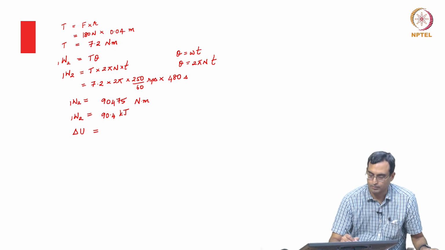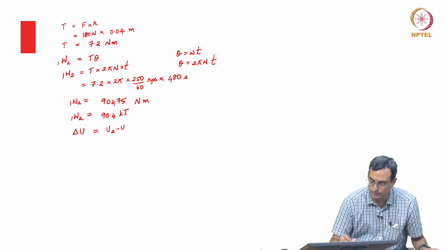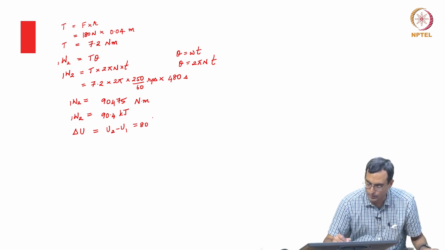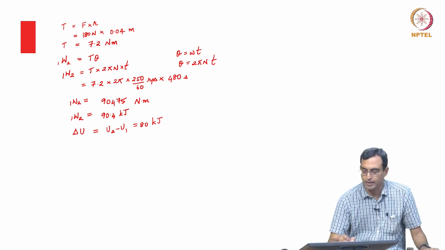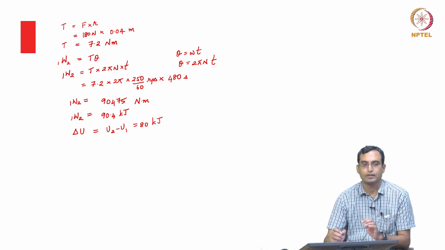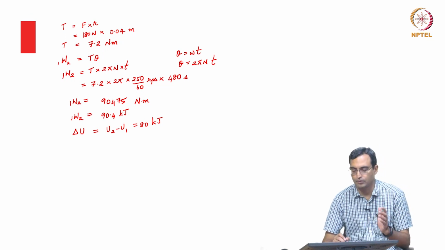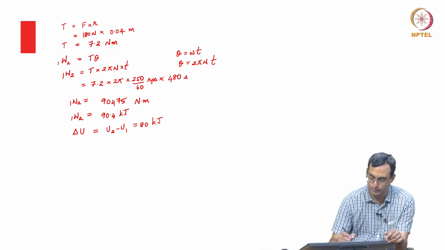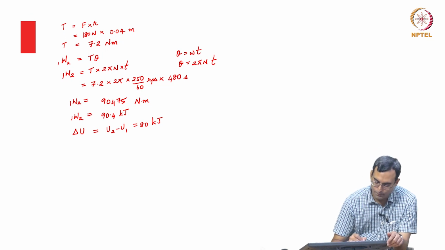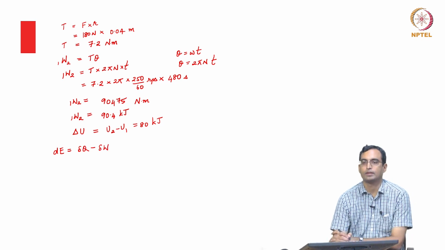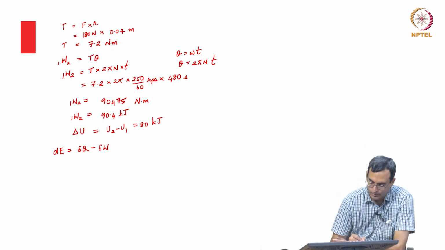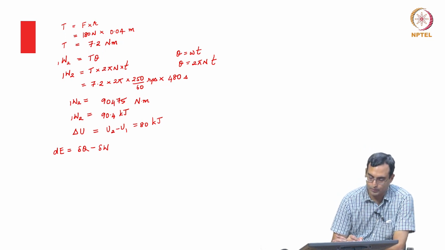So final minus initial is 80 kilojoule. By delta U, that is generally what we mean, but just to be explicit, we have written that here. So this change is positive. So the final value is higher than the initial value. So now again we can write the first law. This is for, of course, a system undergoing a process, and we do not have any changes in potential and kinetic energy.